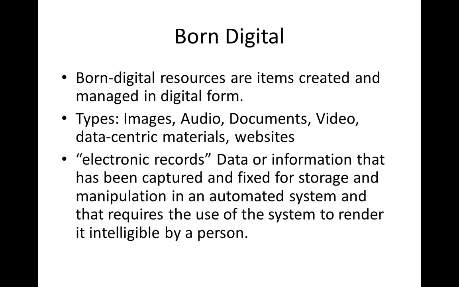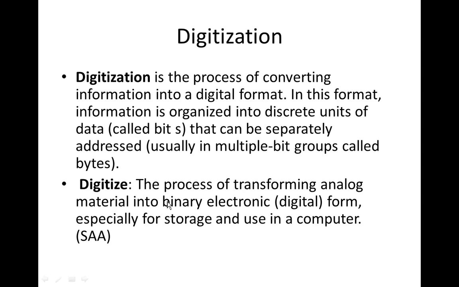The definition of electronic or digital records is data or information that's been captured and fixed for storage and manipulation in an automated system that requires the use of a system to render it intelligible by a person. So that's the definition of a digital record. It's very archivist oriented, this definition.